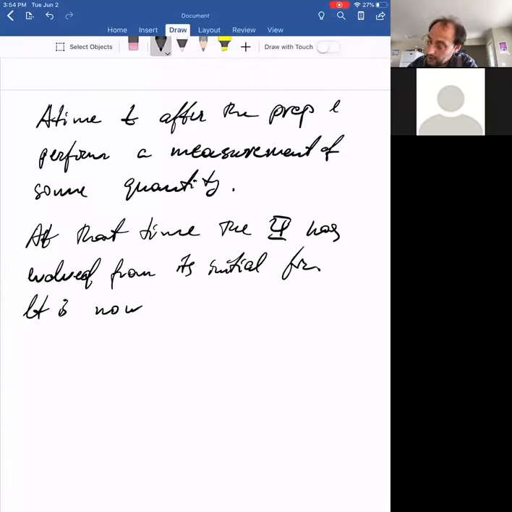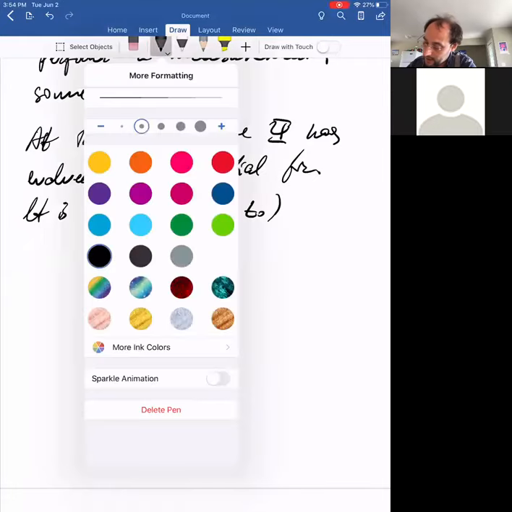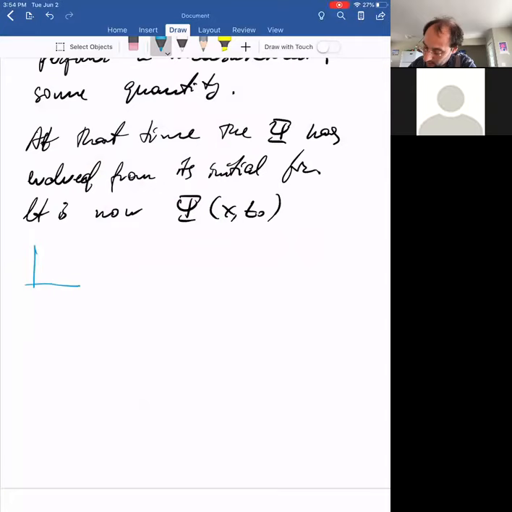So let's say at time t naught, just to be concrete, a specific time. Wave function over space at time t naught, right? And then let's say that now it takes on some other form.